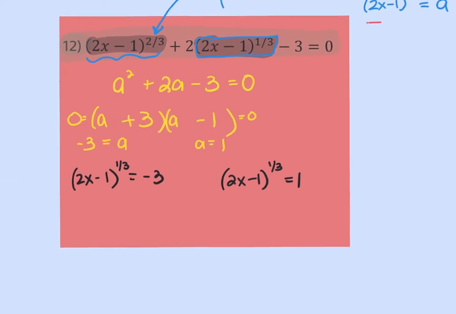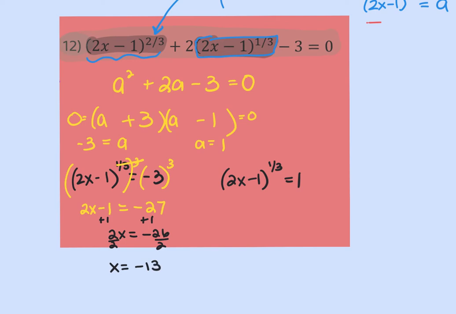And then I'm going to get rid of the 1/3 by raising both sides to the third power. These cancel out, and I get 2x minus 1 equals -27. I'm going to add the 1. 2x equals -26. Divide by 2, and x equals -13.